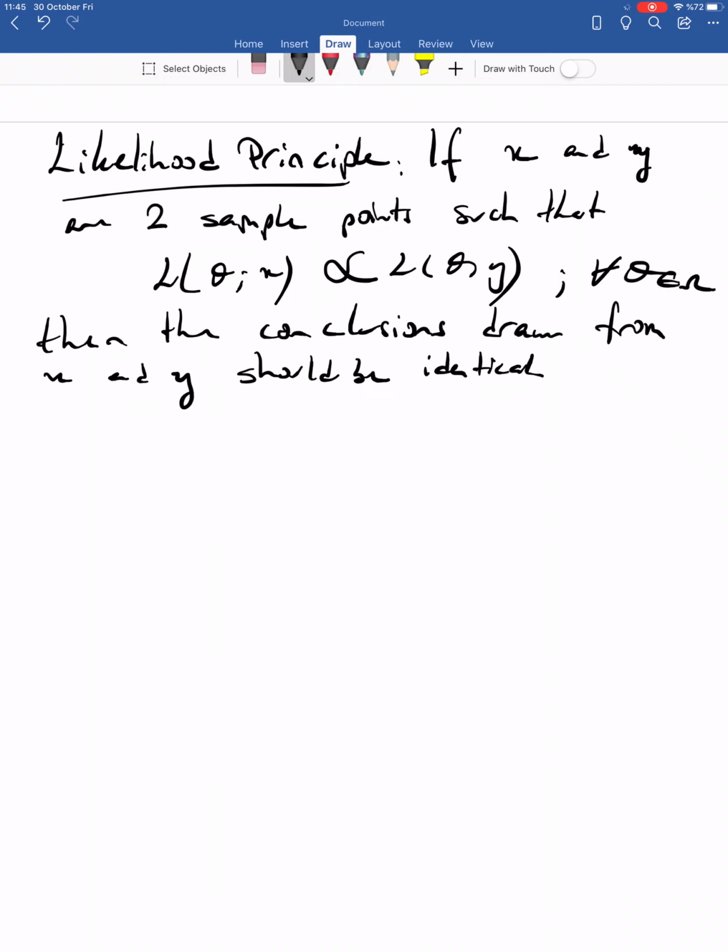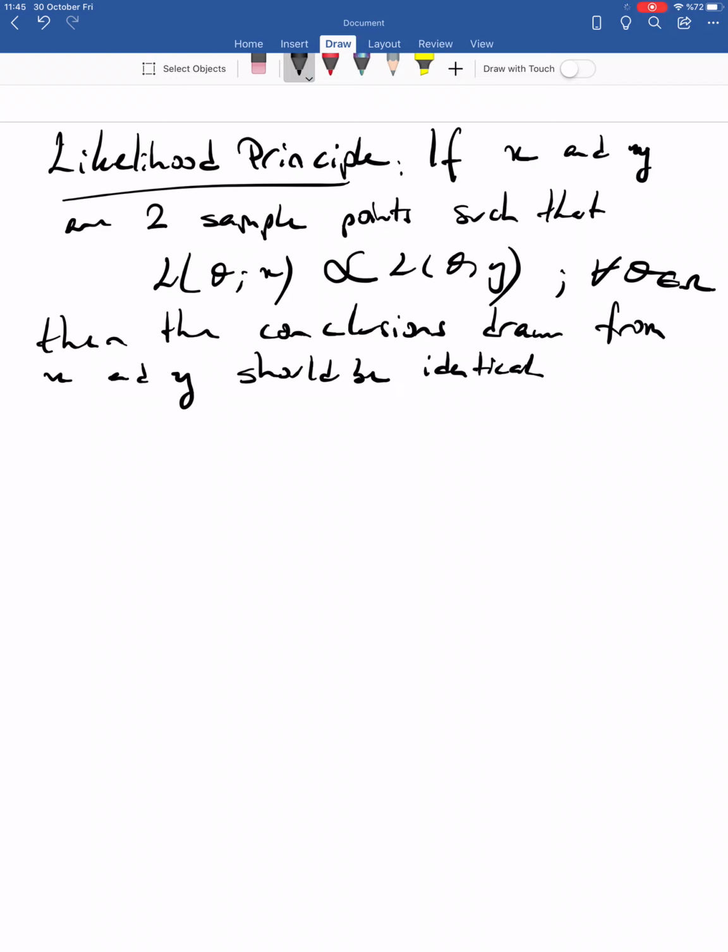So what this tells us, basically, from sample to sample: when we get one sample we get one likelihood value, and when we get another sample from the same population we can calculate the likelihood in a different way.